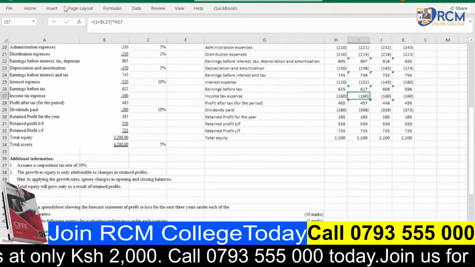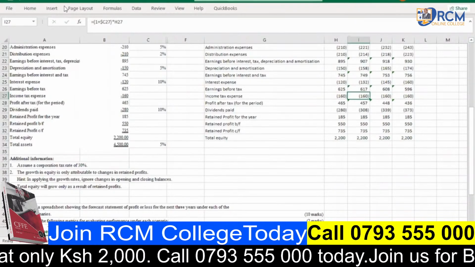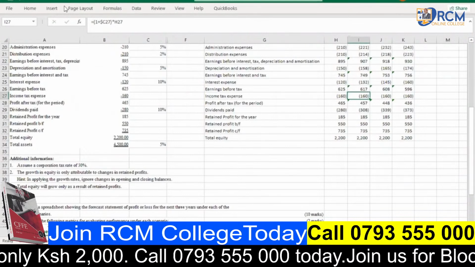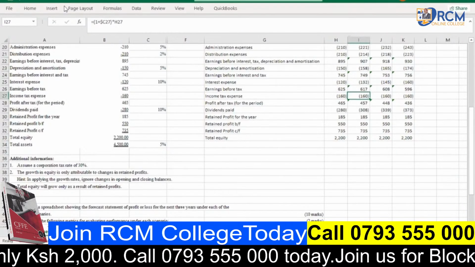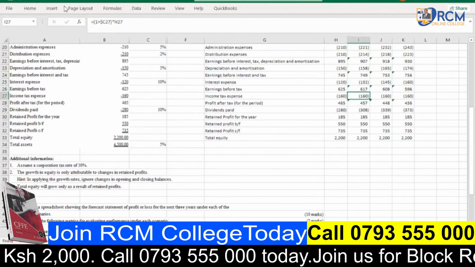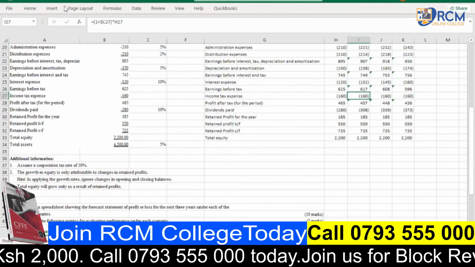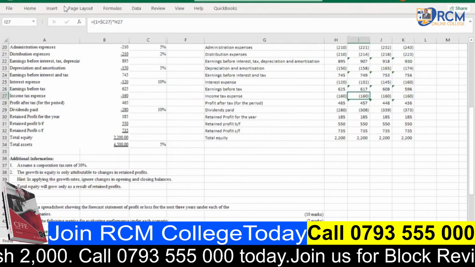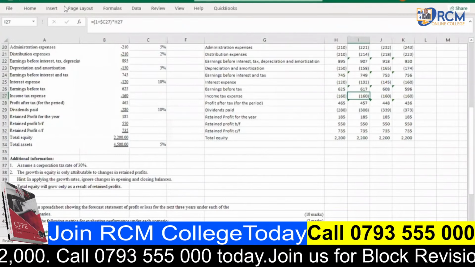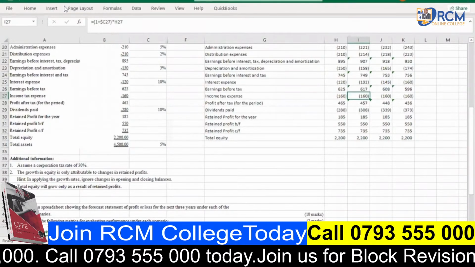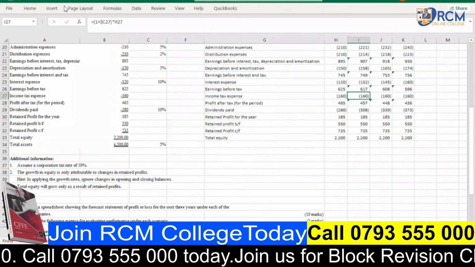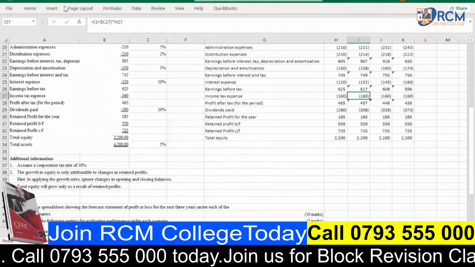Sasa hapo ndio iko na rudia swali. I want the tax for 2023, 2024 and 2025. But 2023, because once you get for 2023, we'll apply the same to get for 2024 and 2025. To 32.5. How are we getting that? Retained earnings were taxed in the previous trading period.